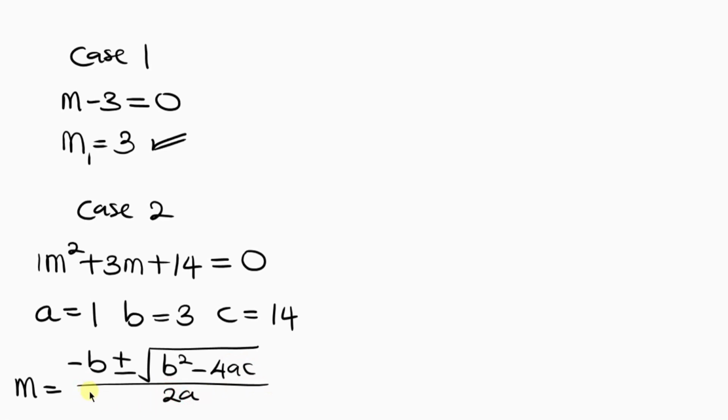Very good. So now let's substitute into our quadratic formula. So m will then be minus b, and what is b? b is 3, plus or minus the square root of b squared, that's 3 squared, minus 4 times a times c. So 4 times a, what is a? a is 1, times c, what is c? c is 14.